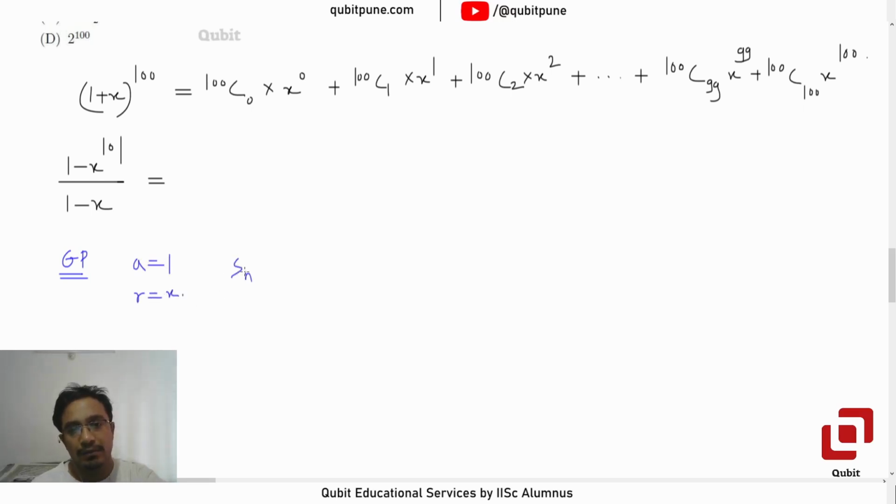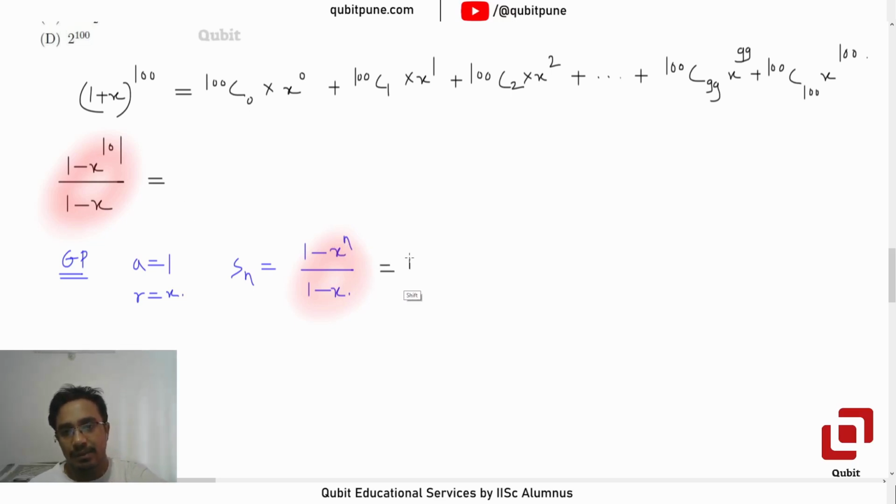What is the formula for the sum of the first n terms, if you remember? The formula is (1 minus x raised to n) upon (1 minus x). If you compare this expression with this, you will realize that it is actually the sum of the first 101 terms, with n equal to 101.